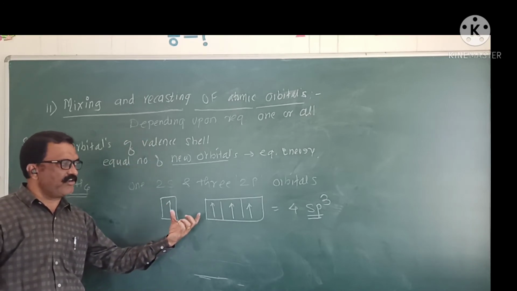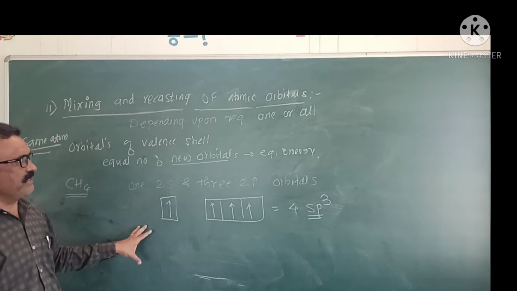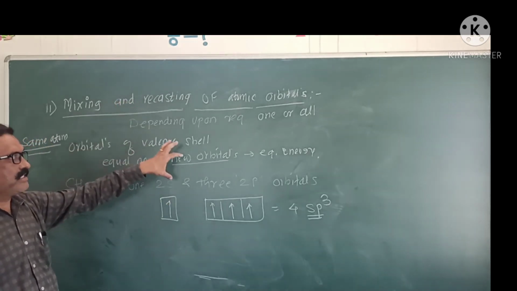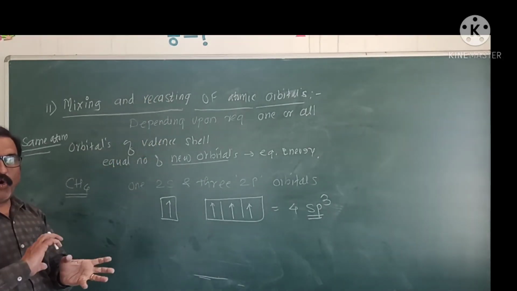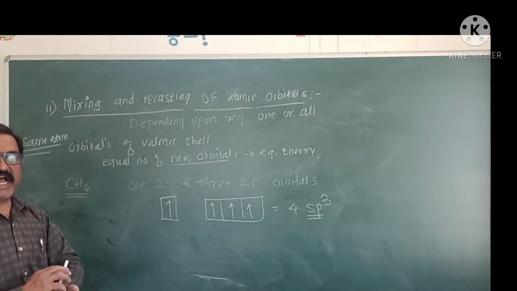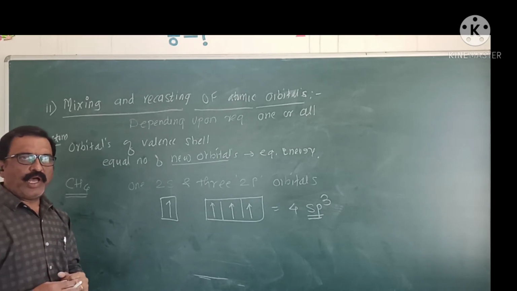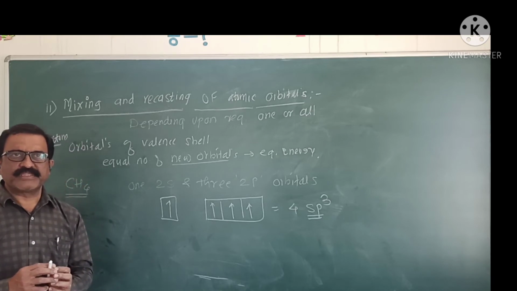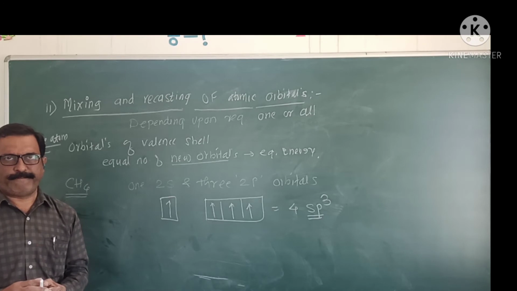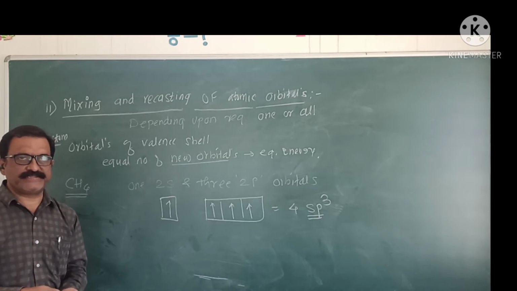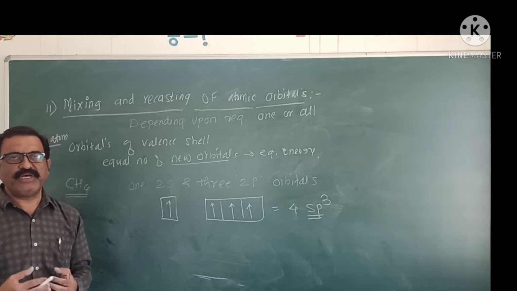Such kind of mixing takes place. Then after this mixing, these hybridized orbitals orient themselves in the available space to minimize the repulsion of electrons between them and to achieve stability.